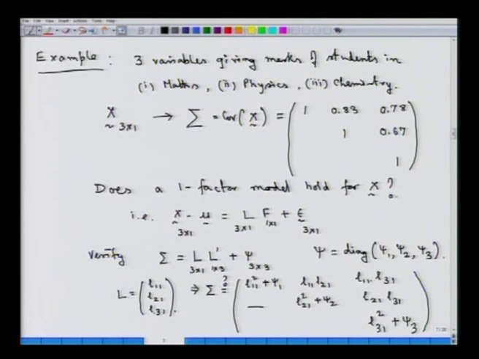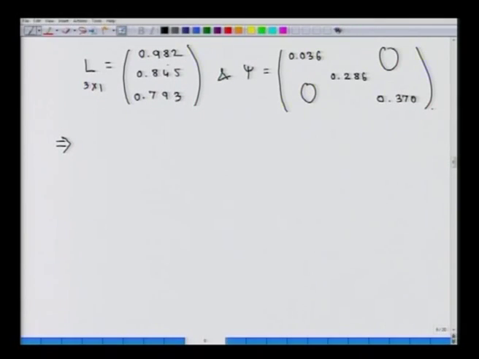This is a correlation between the third variable x3 and the common factor. And since these are all correlations, with sigma as a correlation matrix, we should have the absolute values of Lij's to be less than 1. And what we observe in the solution is that they conform to that particular restriction.